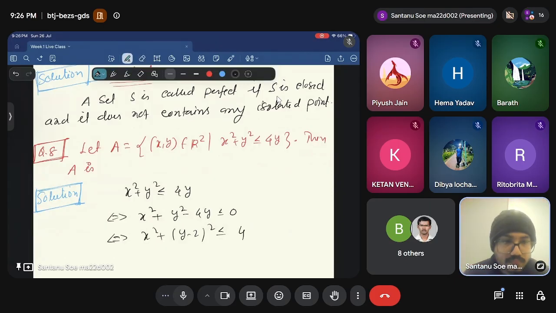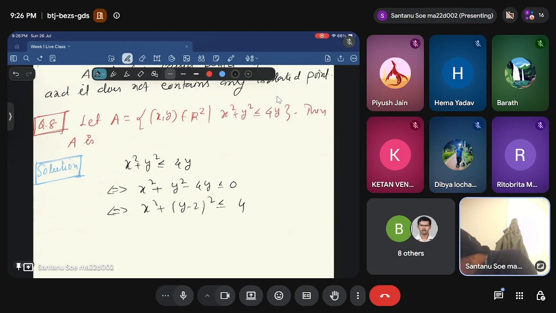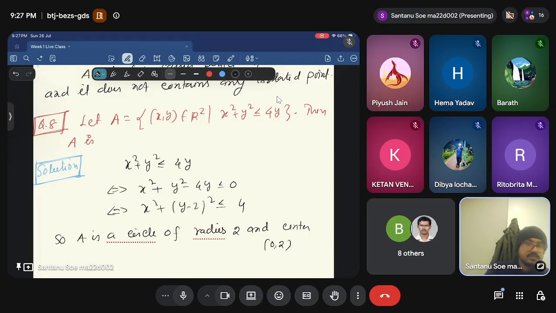Correct? Because if you just expand the square, it will be y square minus 4y plus 4, and the 4 will get cancelled out on both sides, so you get to the previous inequality, which is x square plus y square minus 4y less than or equal to 0. So this is a circle. So A is a circle of radius 2 and center 0, 2, right?